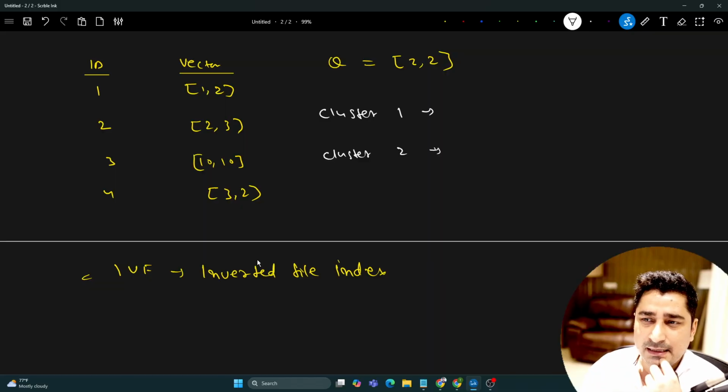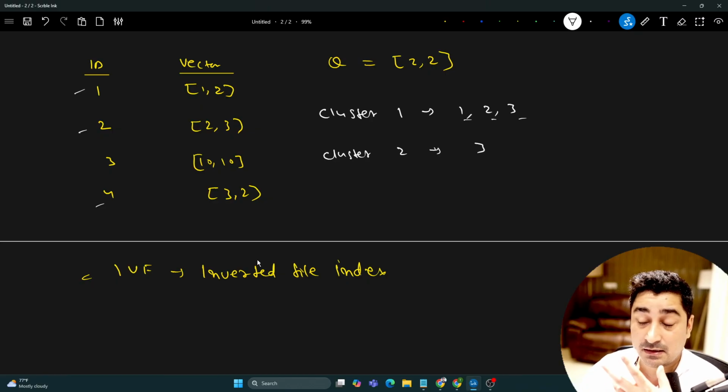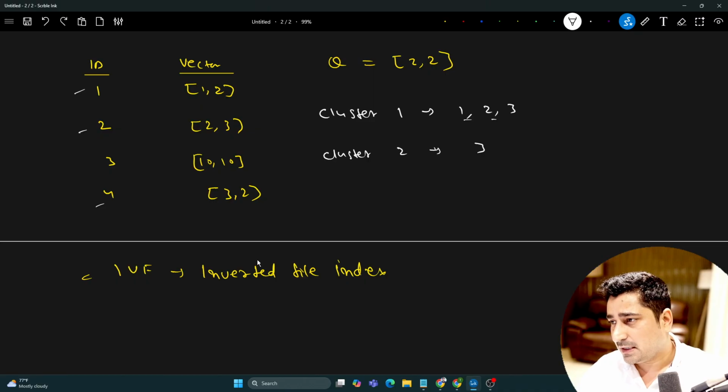It looks like ID number 1, ID number 2, and ID number 4 are very, very close to each other. So I can create a cluster 1 where the data is very close to each other, and then a cluster 2 where I can keep ID 3. Sorry, I think I made a mistake.